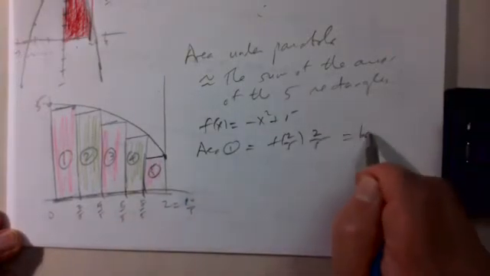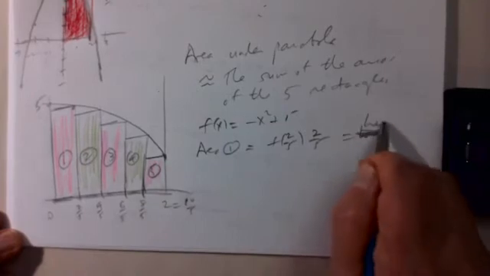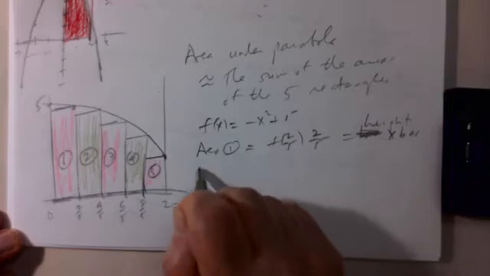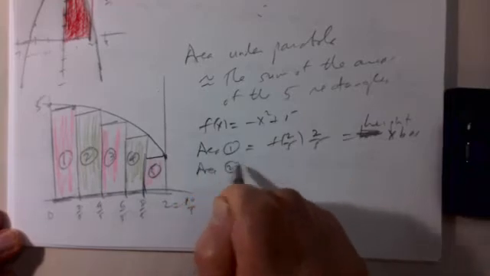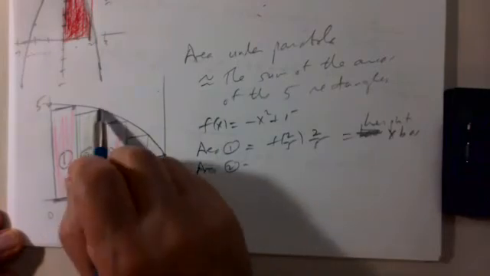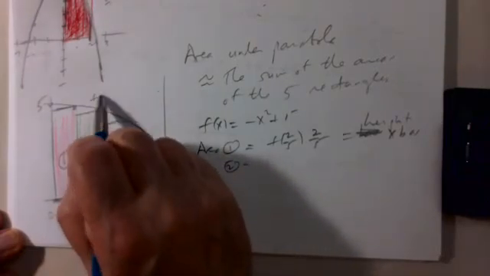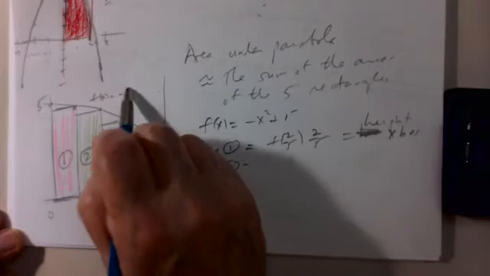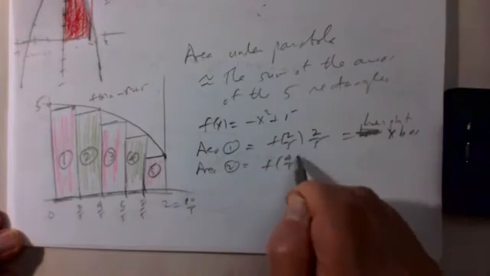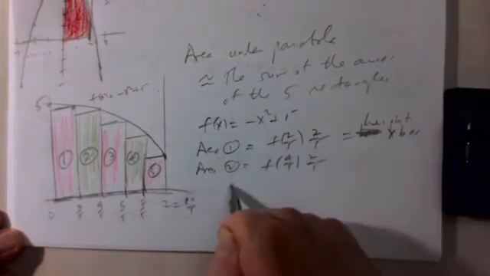The area of the second rectangle, the height is f at 4/5 times the base.